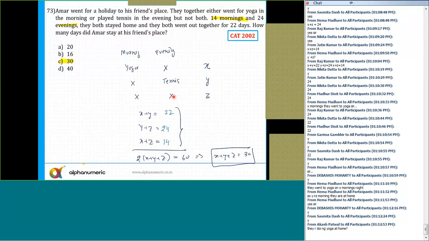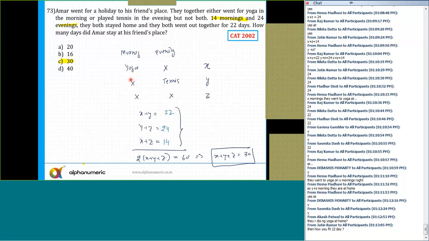Okay, they are doing yoga at home, but does it mean that they are doing yoga every day? No. It says on 14 mornings they are at home. Please try to understand. Stay at home in the morning. So how can they stay at home in the morning?